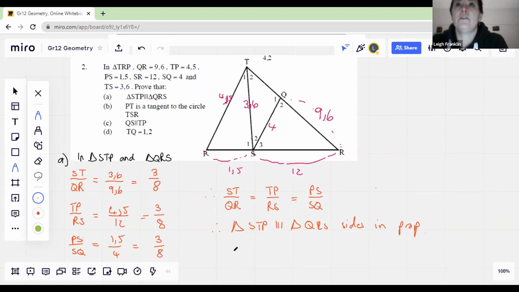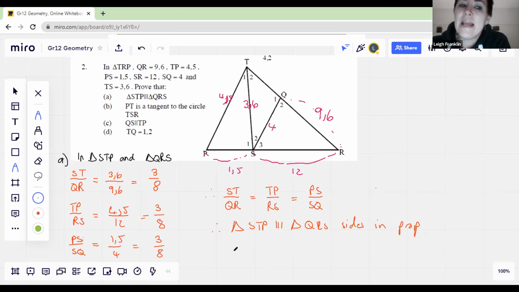Yes, Spahle, ask away. Can I ask, ma'am, when do you use the corresponding sides in proportion reason? Okay, Spahle, either they will be giving you information about the angles or they will be giving you information about the sides. When they give you information about the angles, then go with angle, angle, angle.